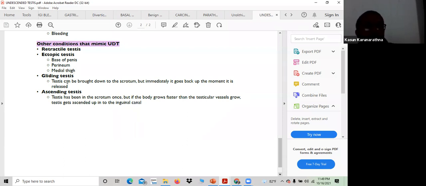Gliding testis can be brought down to the scrotum, but immediately it goes back. That is gliding testis, right? Retractile testis: you can take the testis into the scrotum and it remains in the scrotum without traction. In ectopic testis, the testis is at the base of the penis, perineum or medial thigh, away from the normal descending line, right?